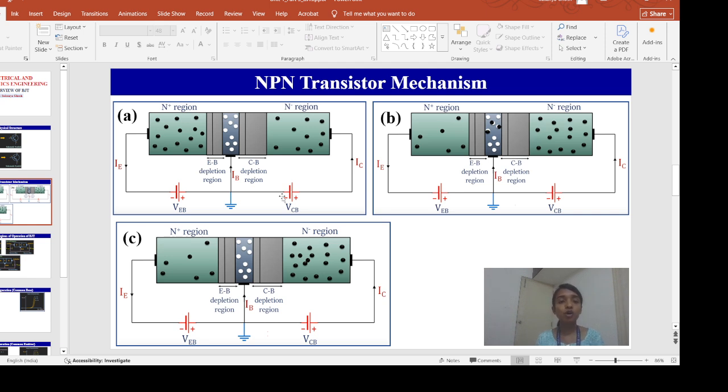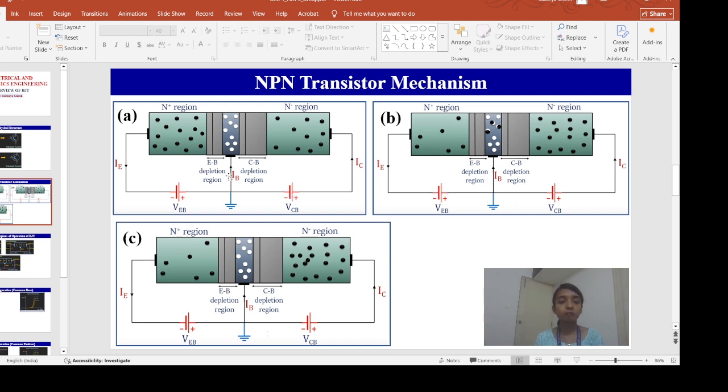Under normal operation, the emitter base junction is forward biased and the collector base junction is reverse biased. How is it forward biased? You see, N is connected to the negative terminal of the battery. That is why we call the emitter base junction forward biased. And how is the collector base junction reverse biased? N is connected to the positive terminal of the battery.